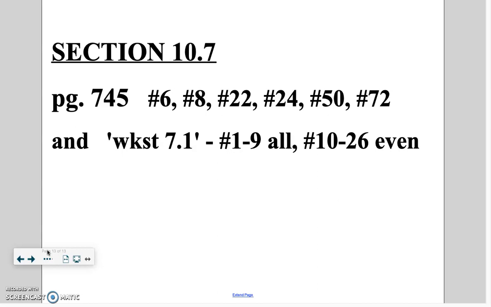But what I would highly encourage you to do is, on page 745, plot the points or identify the coordinate type stuff that we talked about today. On the worksheet, you're good with 1 through 9. You could do 1 through 9, no problems, no issues. Actually, you could do 10 and 12 as well. Okay? All right, so guys, let me get you this worksheet.